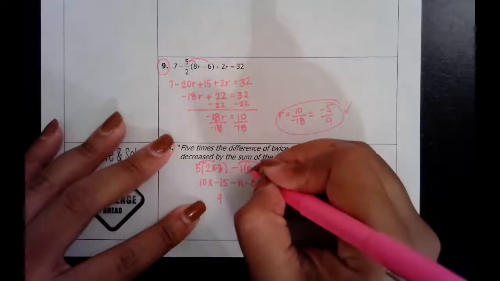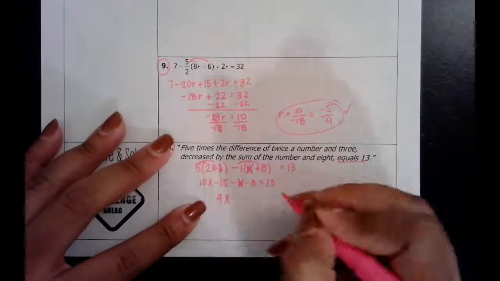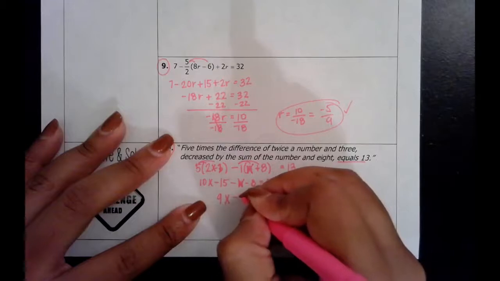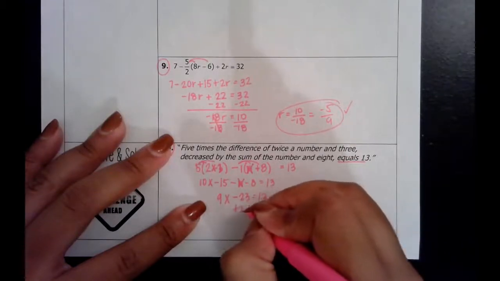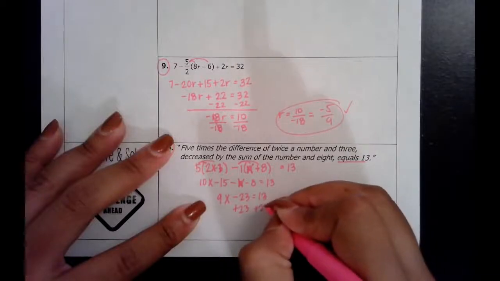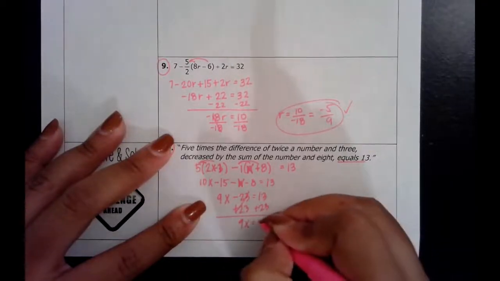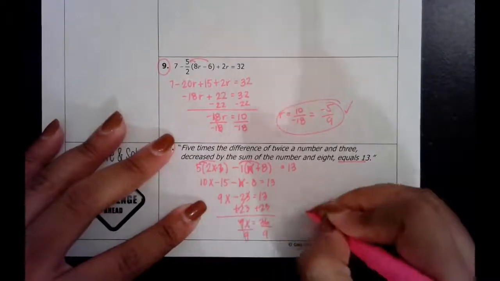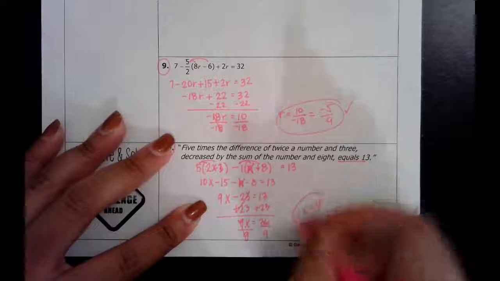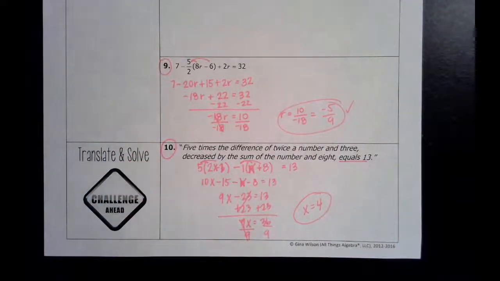Sorry guys, x. 9x minus 23 equals 13. Add 23 to both sides. We get 9x equals 36. Divide by 9. x equals 4. Don't know where that n came from, but we got to the right destination.